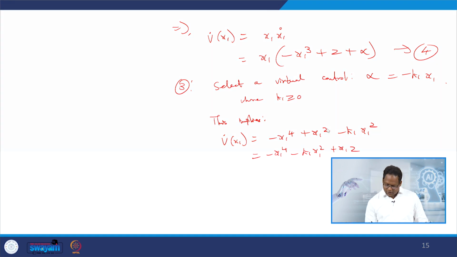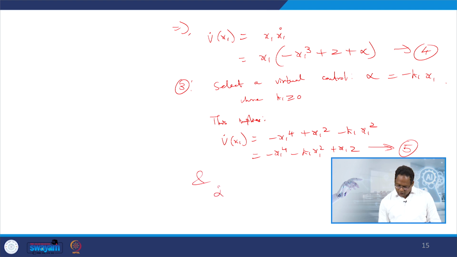I just exchanged the terms 2 and 3. Let us have this as equation number 5, and alpha dot becomes minus k1 into minus x1 cube plus x2, that is the 6th equation.